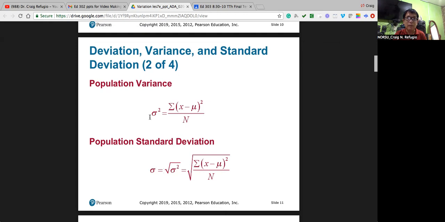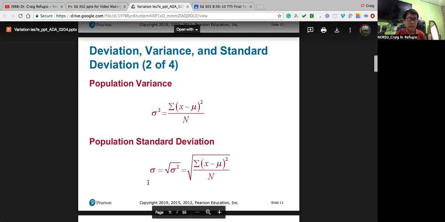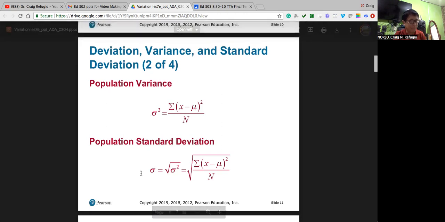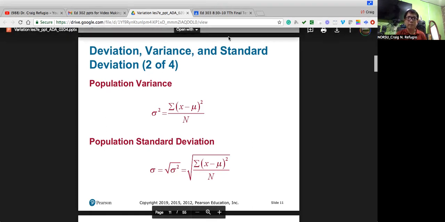If you square sigma, you get sigma squared, the population variance. If you take the square root of sigma squared, you get sigma, the population standard deviation.